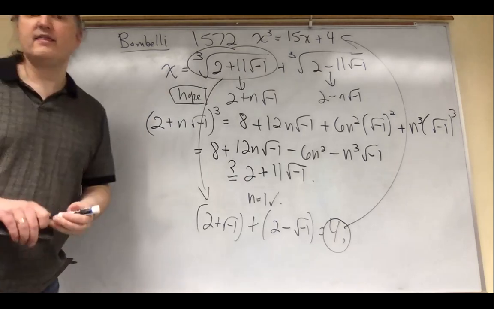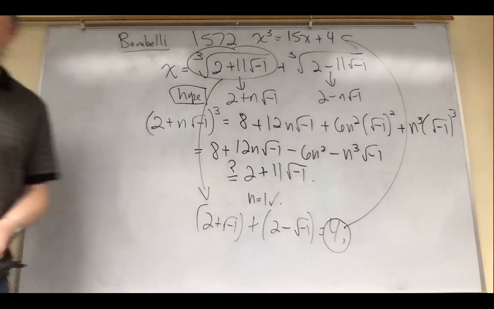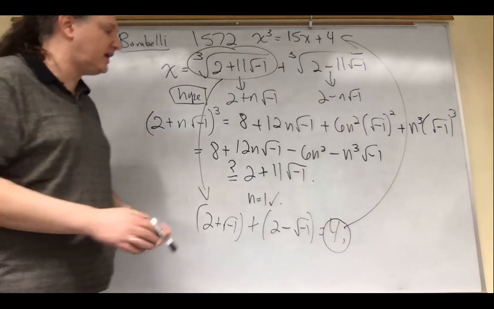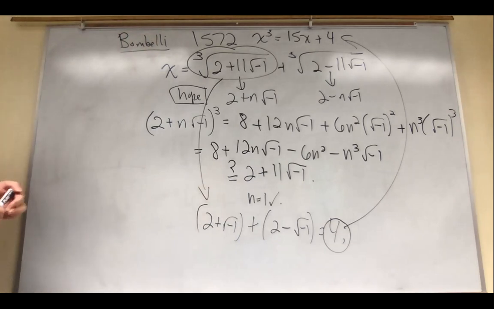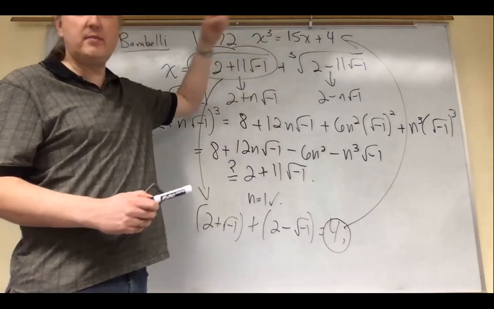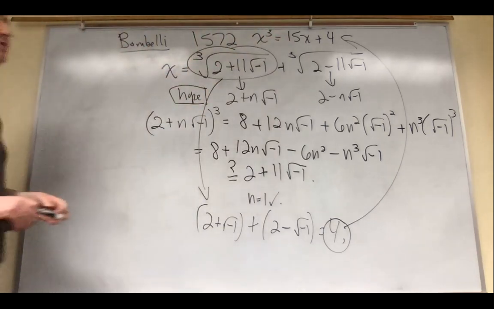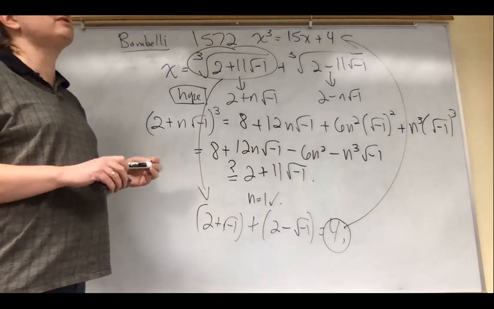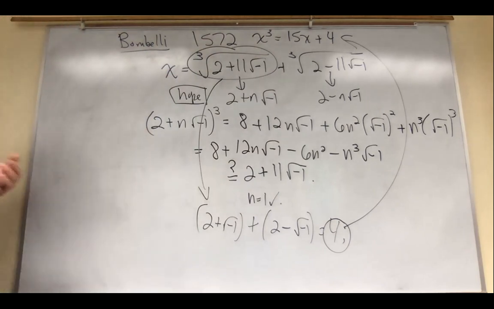So that is why people at this time started taking complex numbers seriously, because they found out that by doing so, they were able to find real answers to problems with real answers.